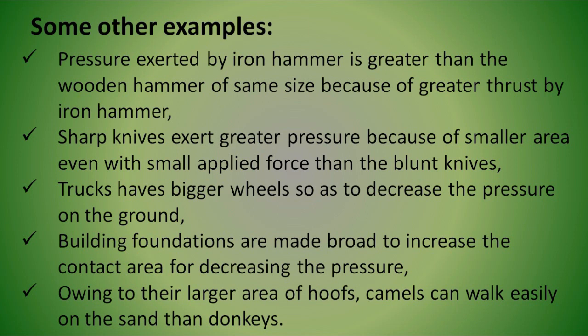Building foundations are made broad to increase the contact area for decreasing the pressure so that it can withstand the huge load of a building. Owing to their larger area of hooves, camels can walk easily on the sand than donkeys. You got it?